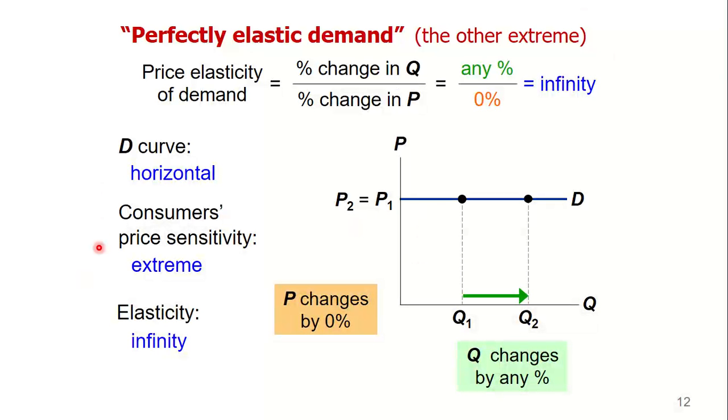So if we add these values in the formula given here, the percentage change in quantity can be any value over the percentage change in price, but there is no price change. That means that price is constant here. P1 is equal to P2. Price changes by 0%. So price elasticity of demand is infinity.